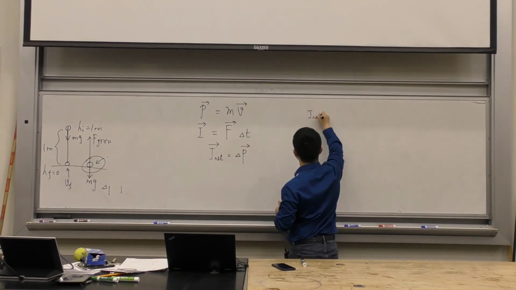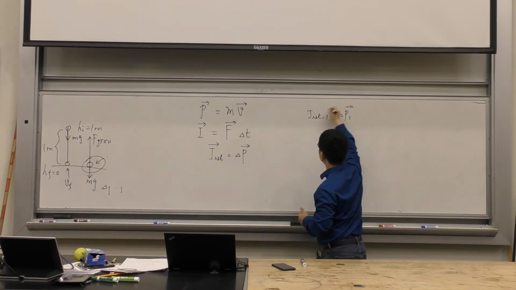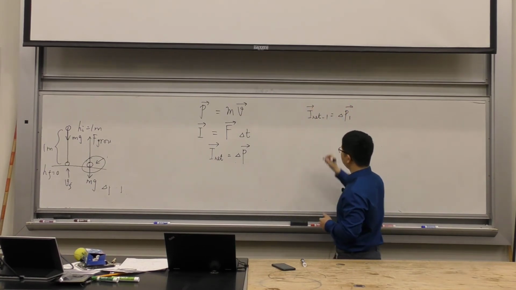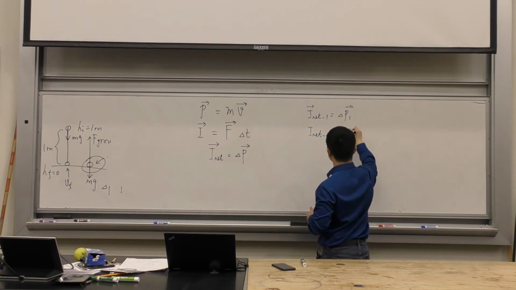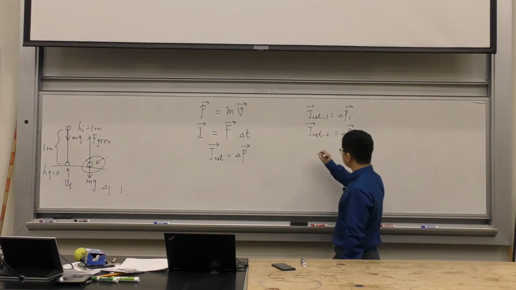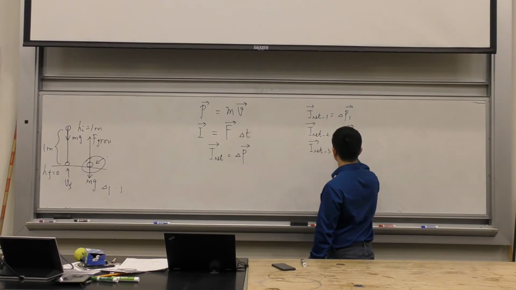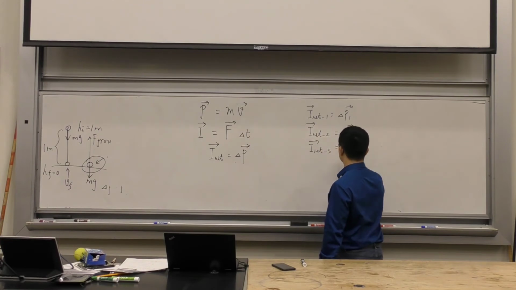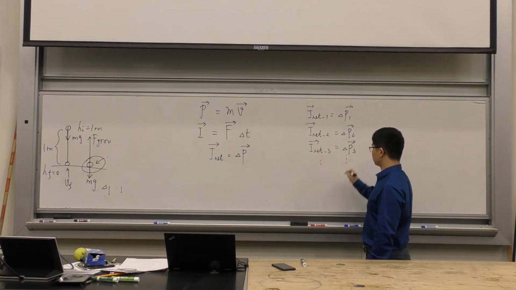You will get this equals change in momentum 1 for the first object. And then you apply this for the second one. This is totally math. I don't care about the detail. This is always going to be true, right? Now I'm going to do the same thing for the third one. Now you can do that for all the objects.